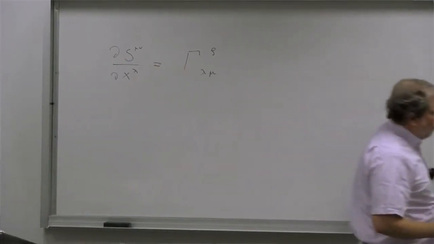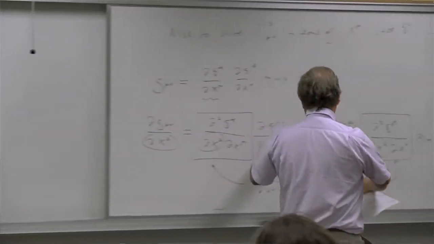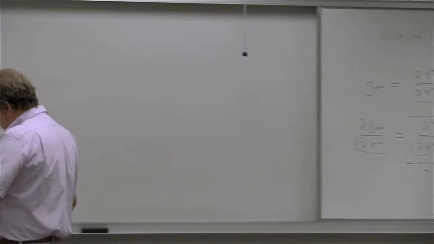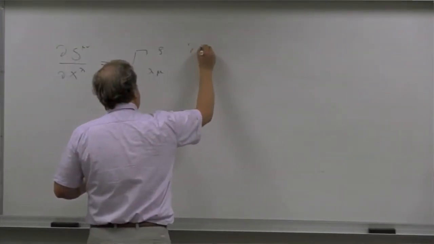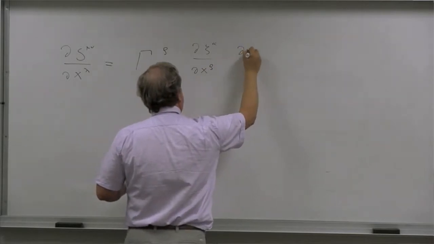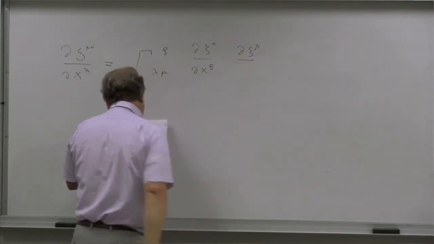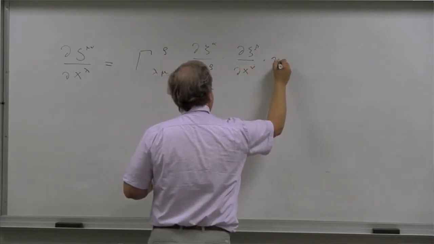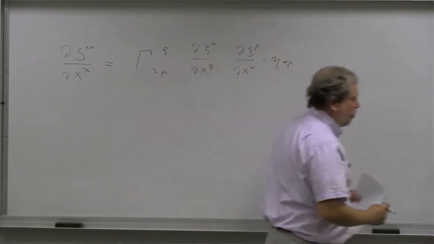And then two of these factors, d psi by dx, two of them. So d psi alpha by dx rho, the first one, and d psi beta by dx nu. And then times this eta alpha beta, which you just drag along.